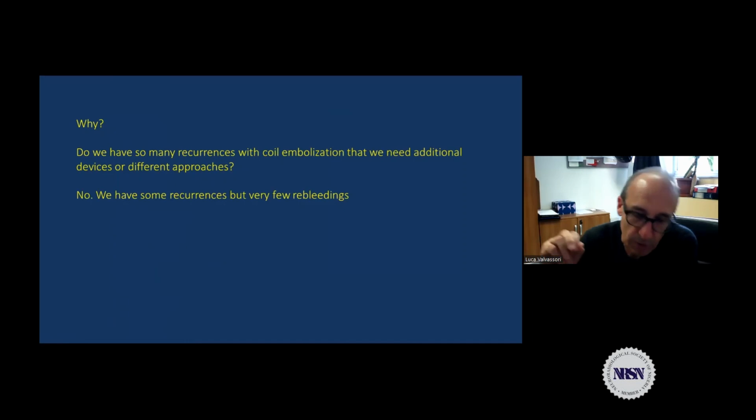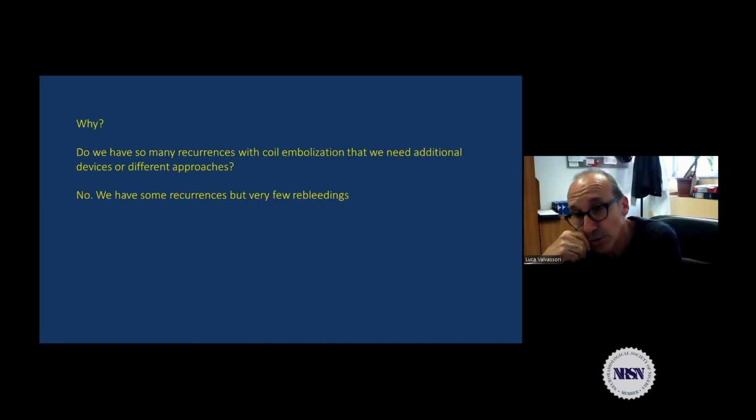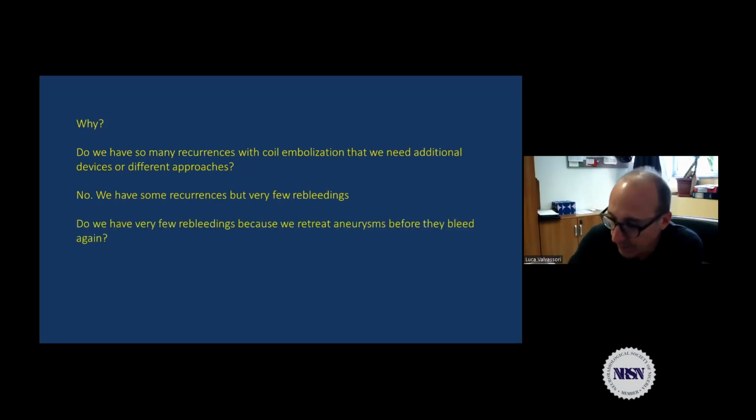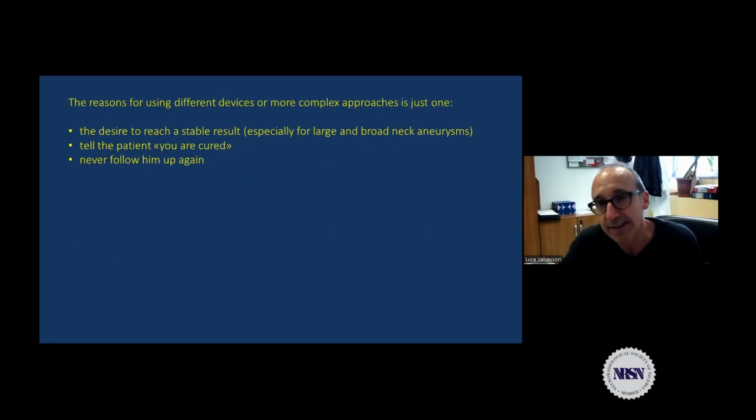No, no. We have some recurrences, as you could see, but the real rebleedings are very few. Do we have few rebleedings because we retreat the aneurysm before they bleed again? No, no, I don't think so. The reason is another one.